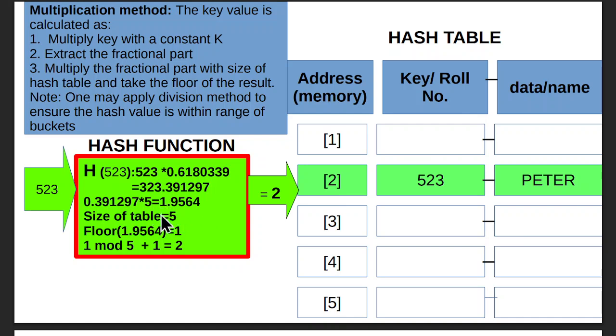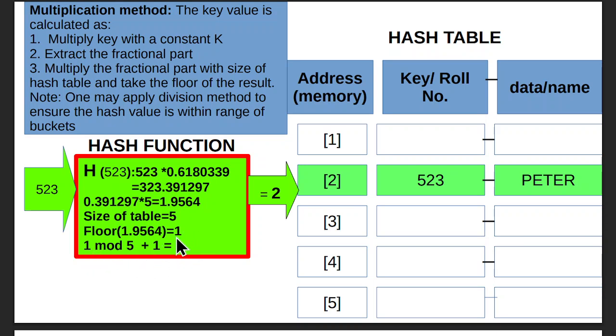And once I obtain the result of multiplying the fractional part with the table size, I take the floor of that to obtain the index value. So here the index value is within the range, but you could potentially again apply the division method.